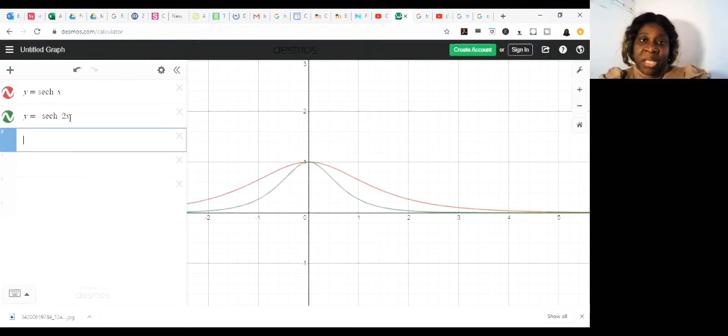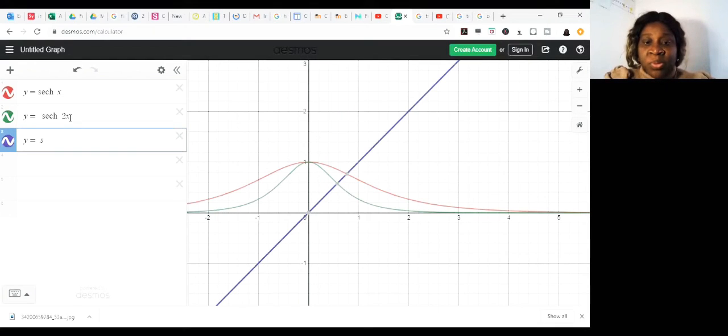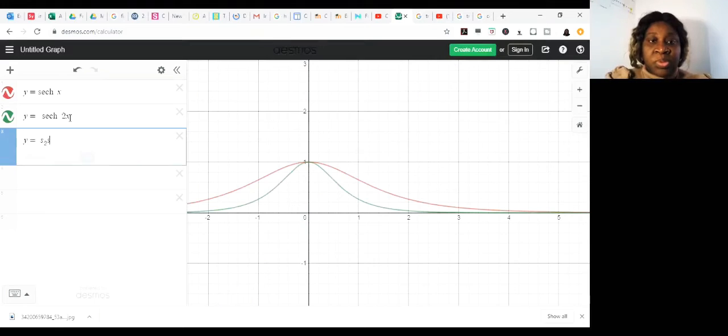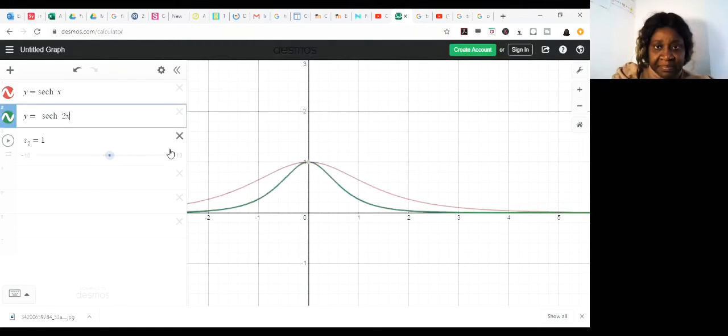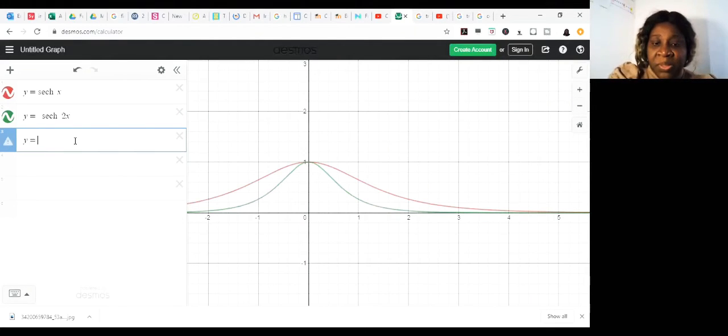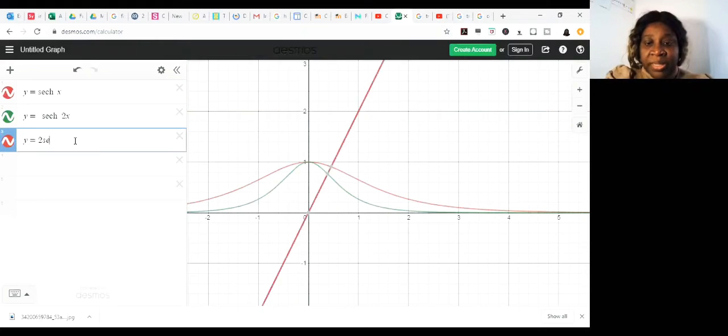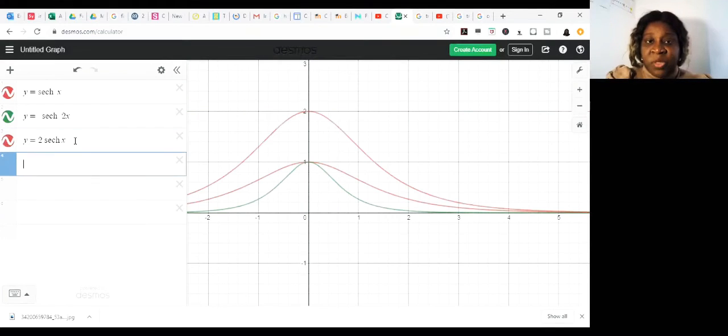Then you can have y is equal to 2 cosech x. Let's see what that would look like. I don't know where I picked up some extra.